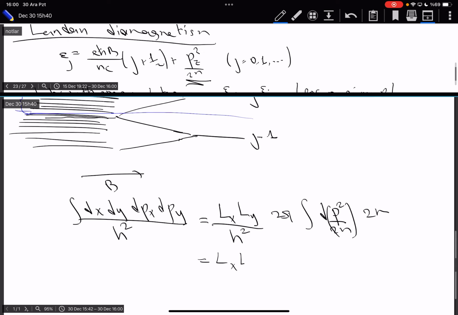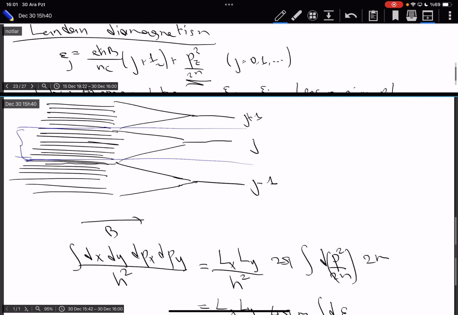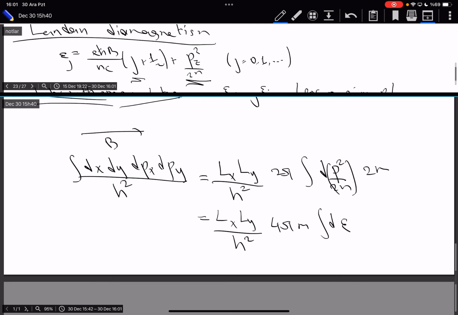This is Lx, Ly divided by h squared, 4 pi m d epsilon. Well, the energy difference between these states over there is just J changes by 1. It's just E h bar B over mc.